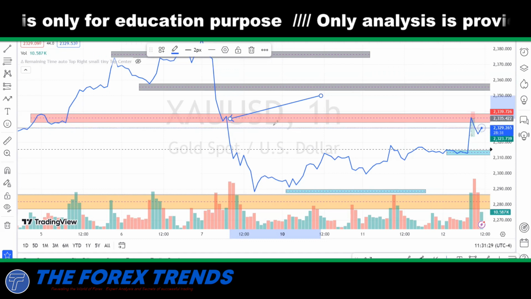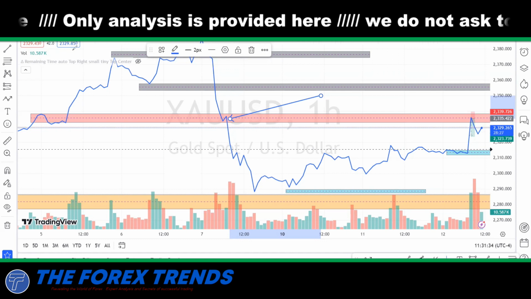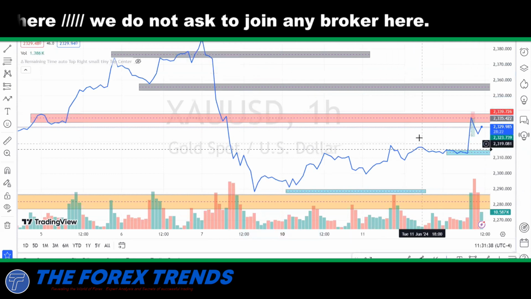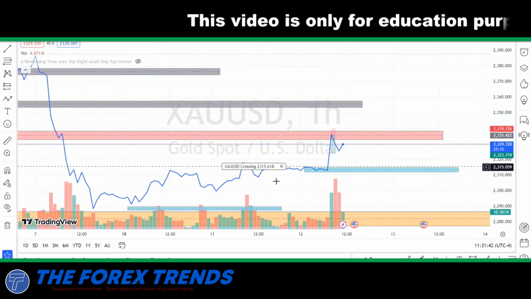Okay, guys. Look how nicely it worked today, and I also traded on this flag limit pattern.